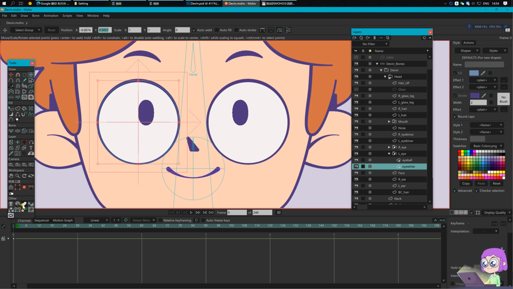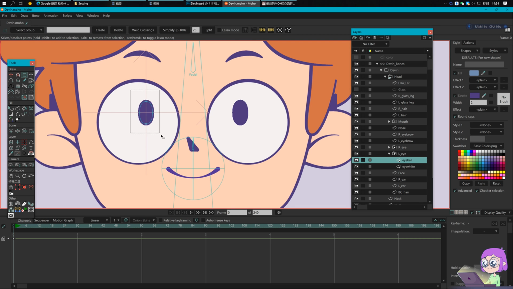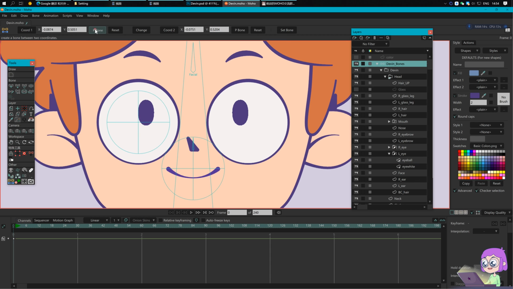Next, set the bones of the left eye. The eye white and the eyeballs are controlled by 2 bones respectively. The position of the bone is on the center point of the shape.